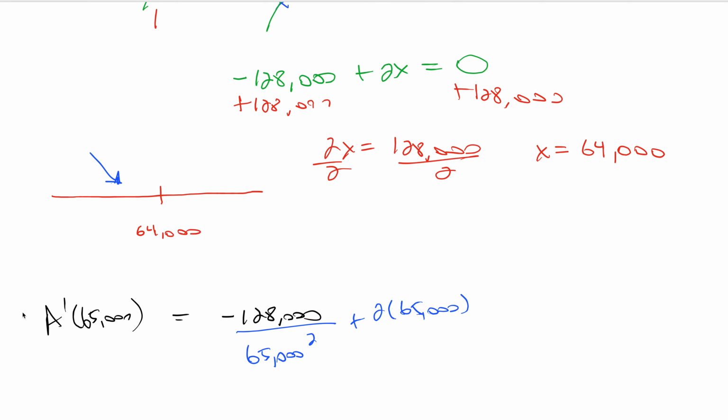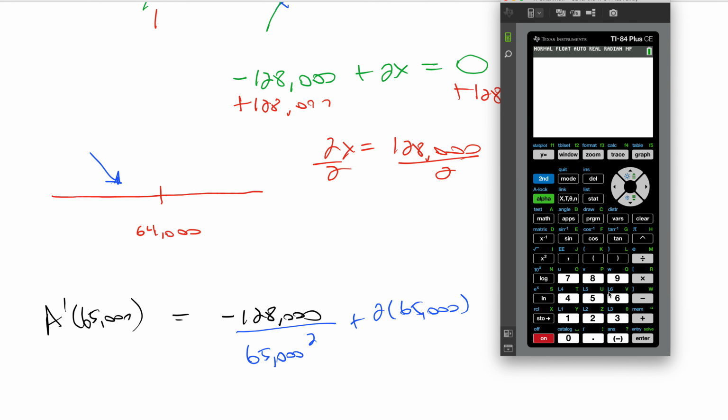So you have 65,000 squared, just do it over here. 65,000 to the power of 2 gives me that.